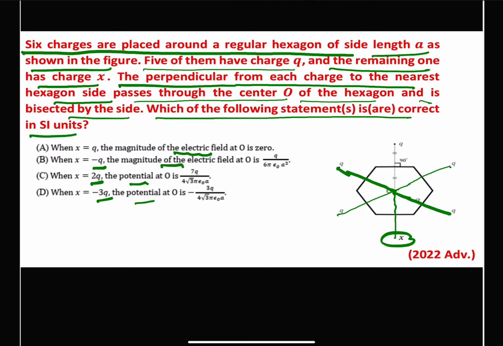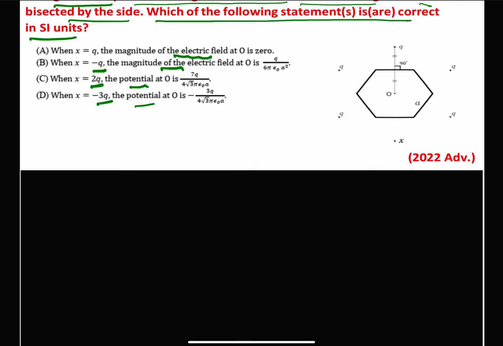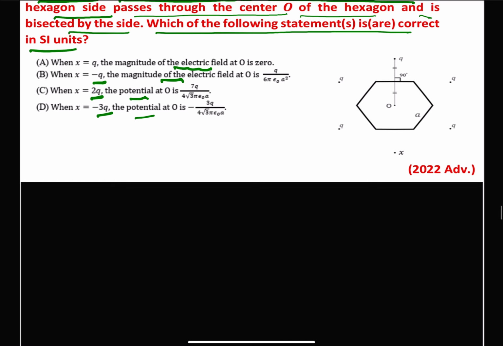So let me redraw the figure here only. Here we have to clearly see that we are having these diagonally opposite charges.